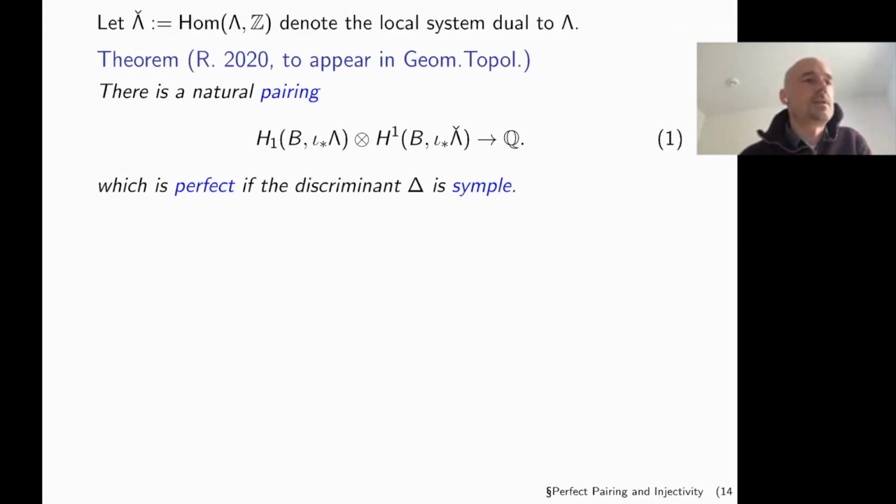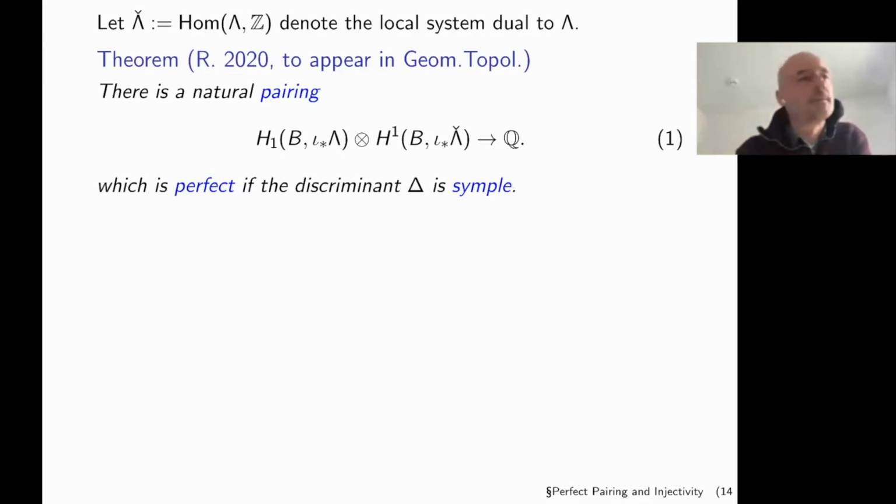And the interesting thing is, dual local systems have a nice pairing, of course, and that's not so fantastic, or it's not so surprising. But if you push them forward over the discriminant, then things can really be different. So now, when you push them forward, these are just constructible sheaves. And here I'm producing a pairing between homology and cohomology.